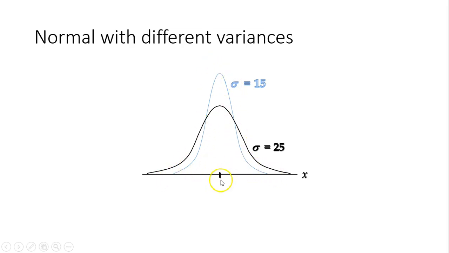Same mean, or the height is the same, the most likely numbers are the same, but this one is much tighter, has a smaller variance, a smaller standard deviation, and this is much bigger, higher variance or higher standard deviation. Different sigmas here.